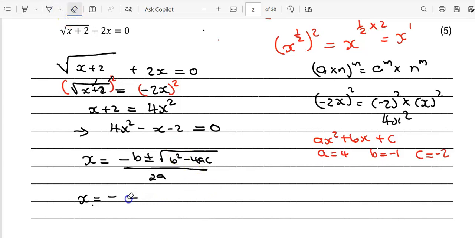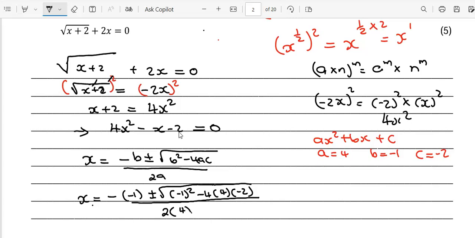We know b is minus 1, so I'm going to put this inside the bracket: minus 1, plus or minus the square root of minus 1 squared minus 4 times 4, where there's a, times where there's c, we substitute negative 2. Therefore, everything is divided by 2 times a, and the value of a is given as 4.